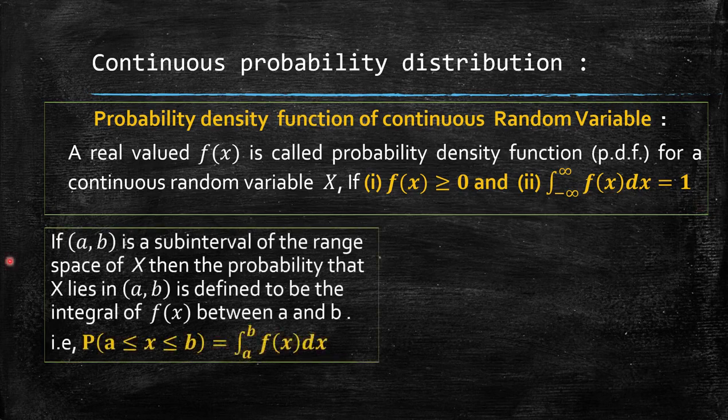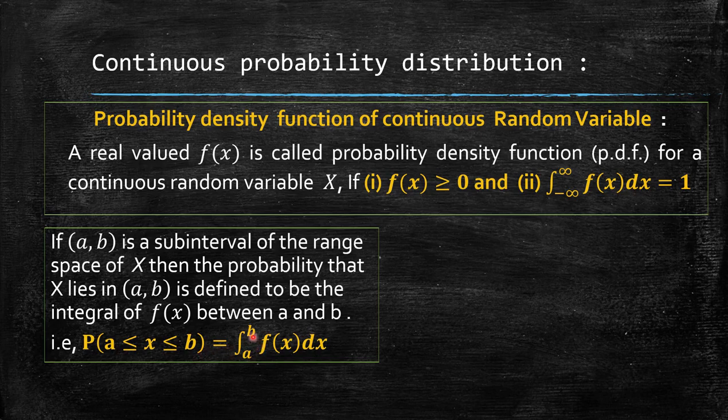Now, suppose a comma b is a subinterval of the range space of x, then the probability that x lies in this interval is defined to be the integral of f of x between a and b. That means probability of a less than or equal to x less than or equal to b, how we can find? That is integrating f of x between a to b. In case of discrete, it is just summation of probabilities.